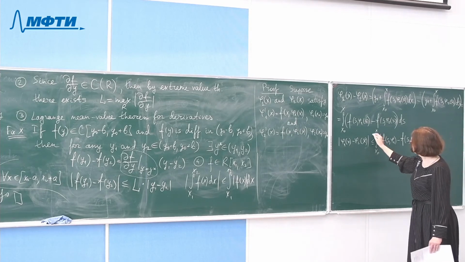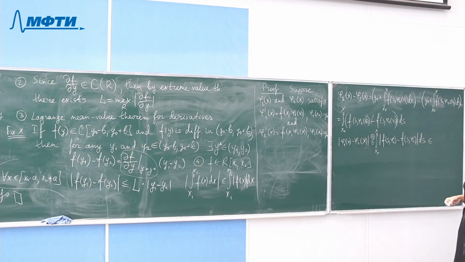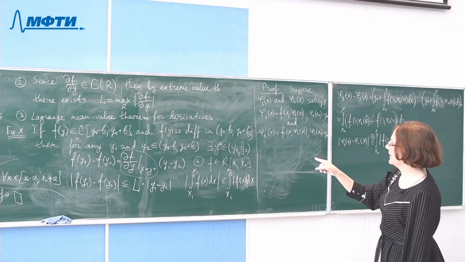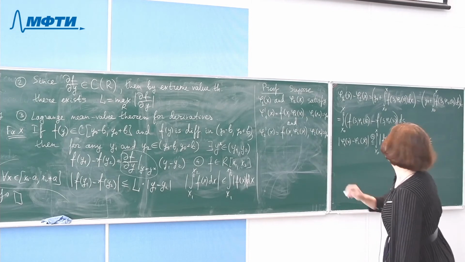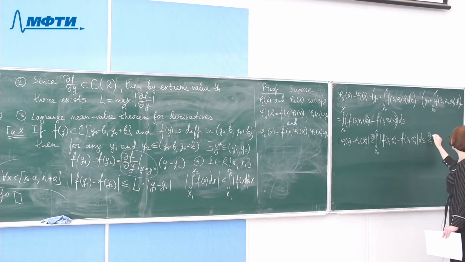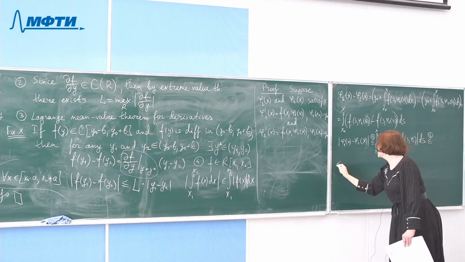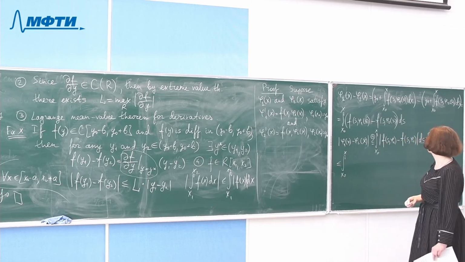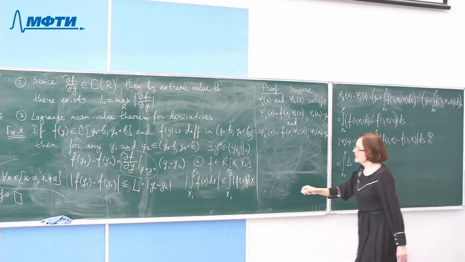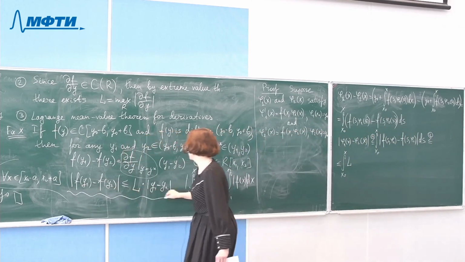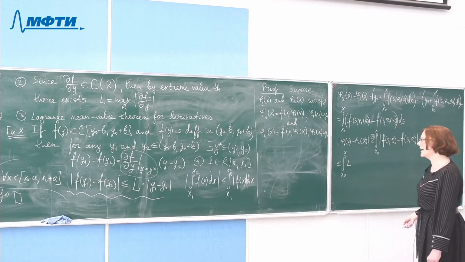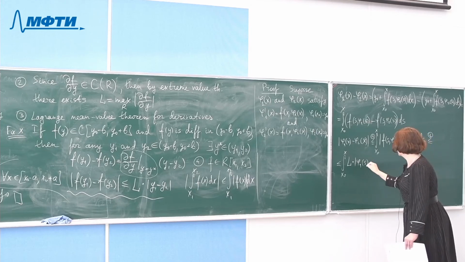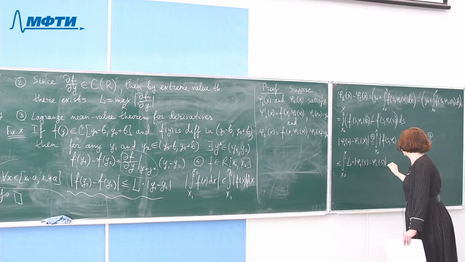So this is by 4, and now by fact number 3, we can write that this is less than or equal to the integral from x0 to x of L times the absolute value of phi1 of s minus phi2 of s ds.